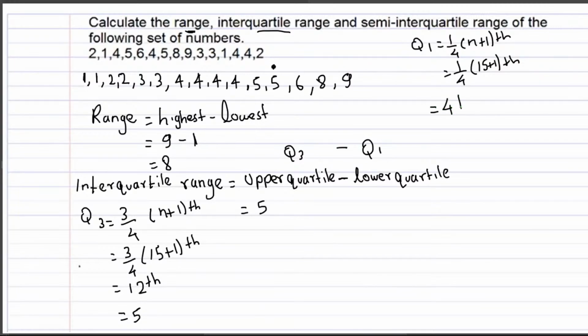So we look at the number in the fourth place: 1, 2, 3, 4. The fourth place has a 2. So Q3 minus Q1 is 5 minus 2, that is 3. The interquartile range is 3. This is our final answer.